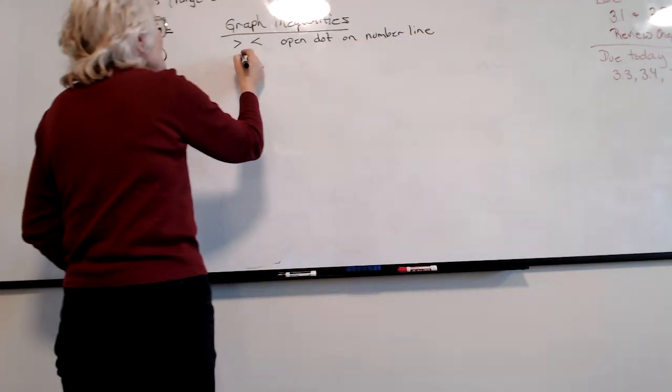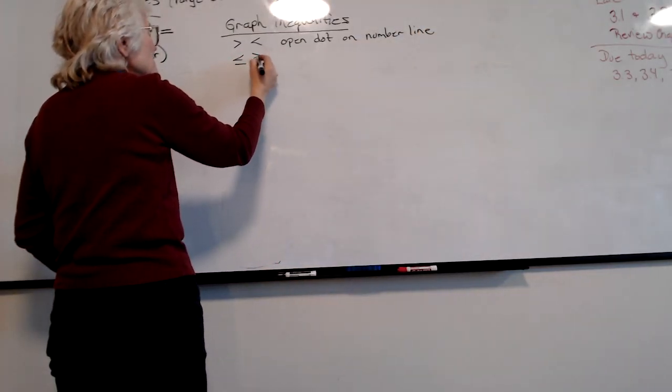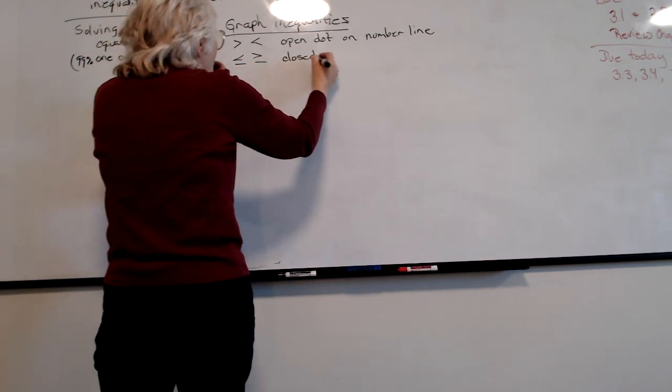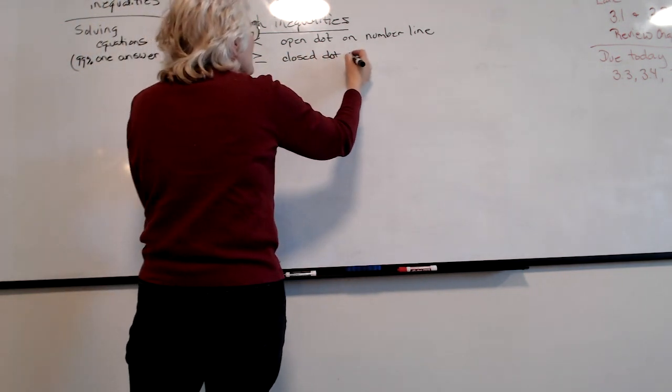If you have these, then you put a closed dot on the number line.